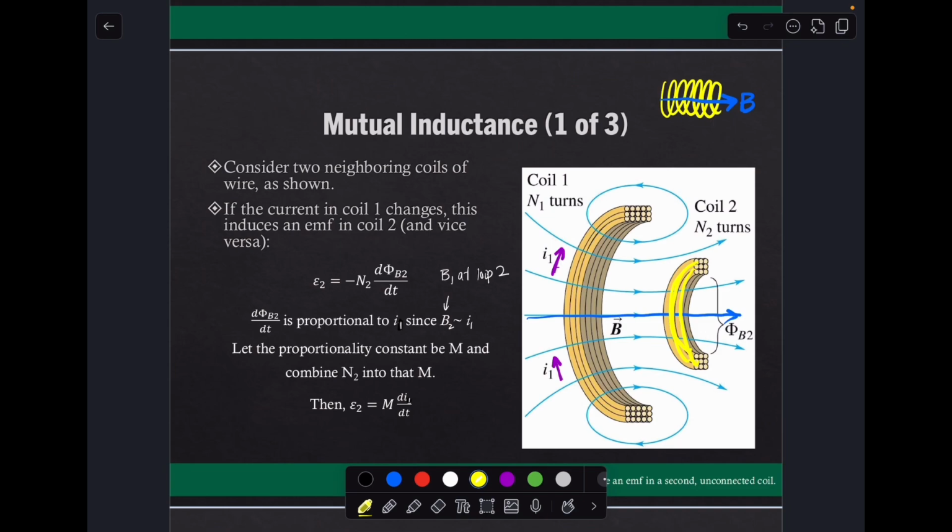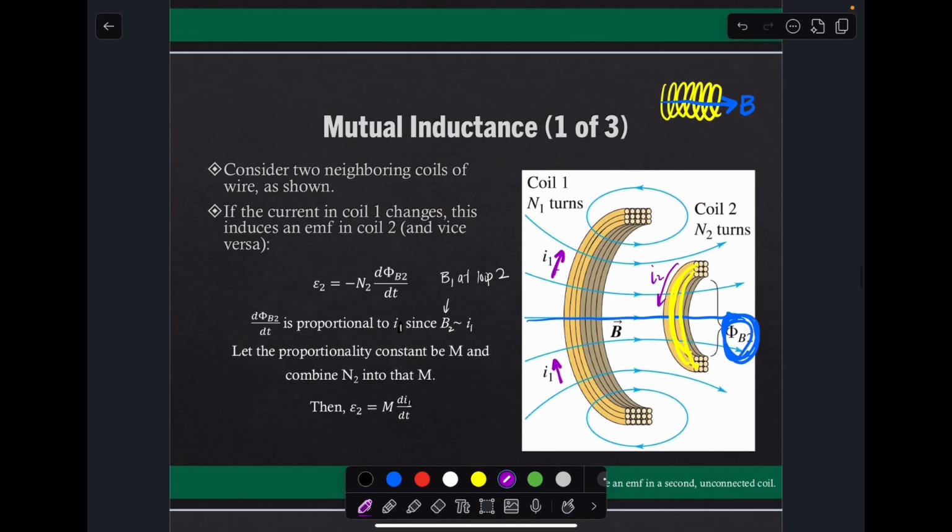And if that magnetic field is changing in time, a current will be produced. Why? Because of a flux change. So this flux change that occurs will then produce a current in this coil. Where's purple? Here's purple. We'll produce a current in this coil, I2.